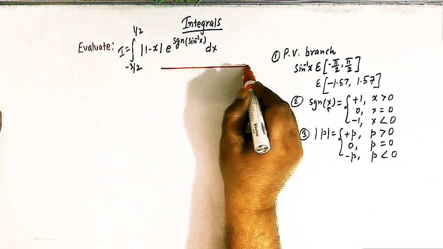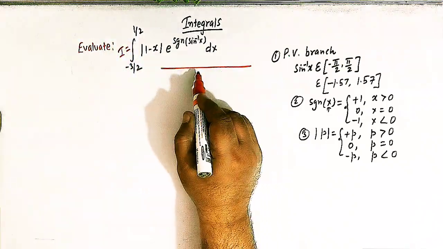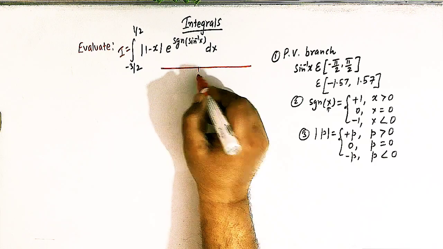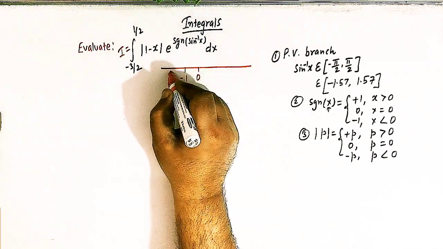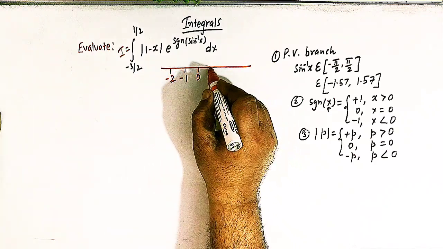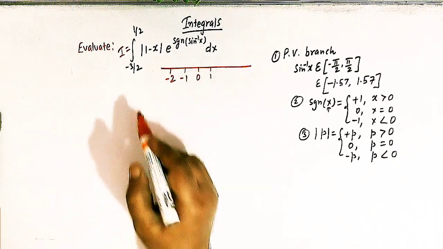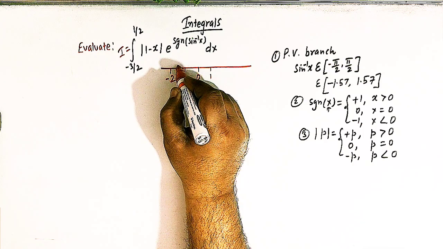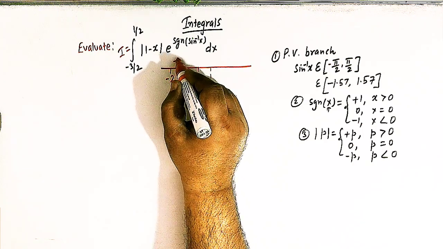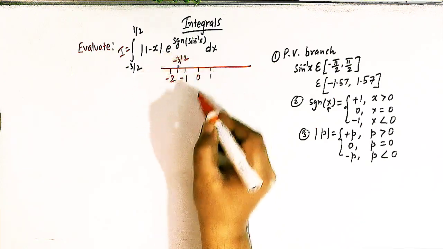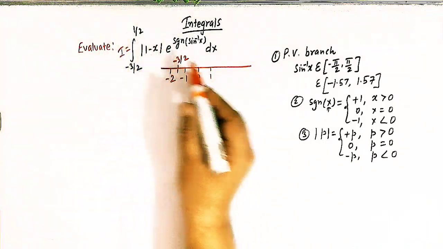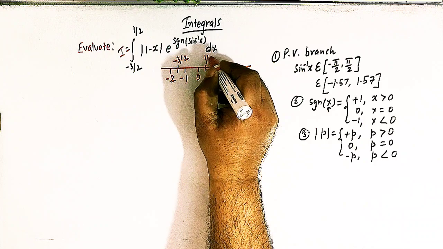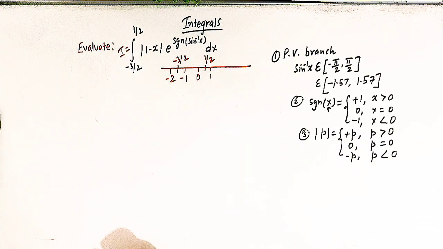Let us plot these limits on the real number line. Here we have 0, minus 1, minus 2, and 1, right? Minus 3 by 2 is minus 1.5, so here we have minus 3 by 2, and 1 over 2 is 0.5, so here we have 1 over 2, right?